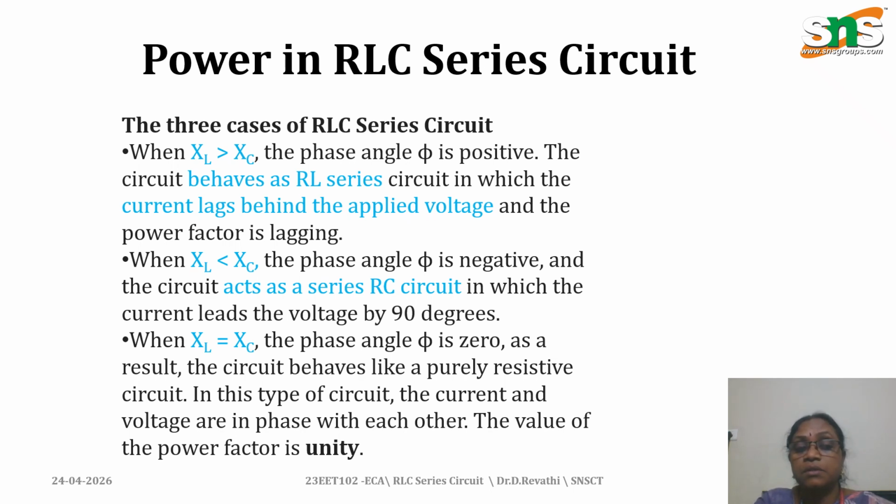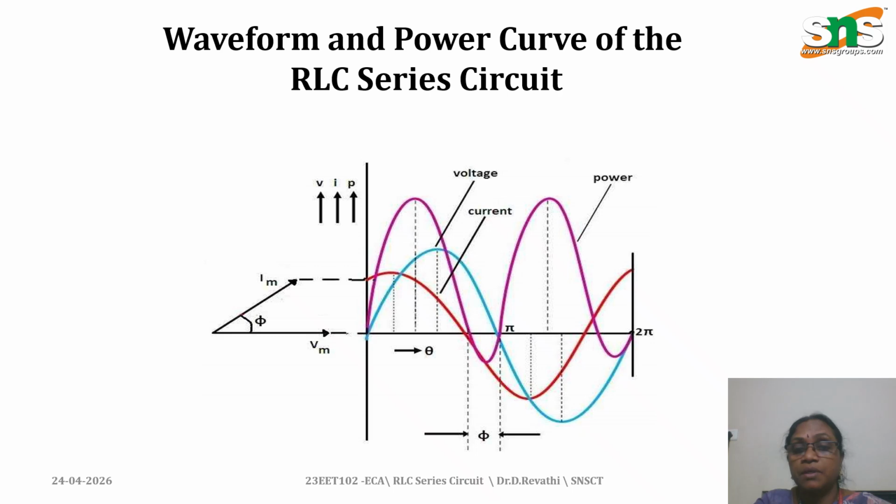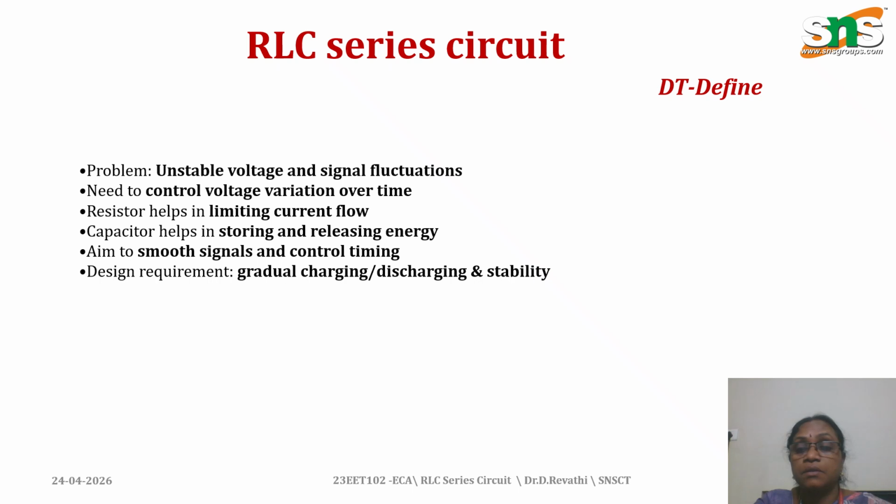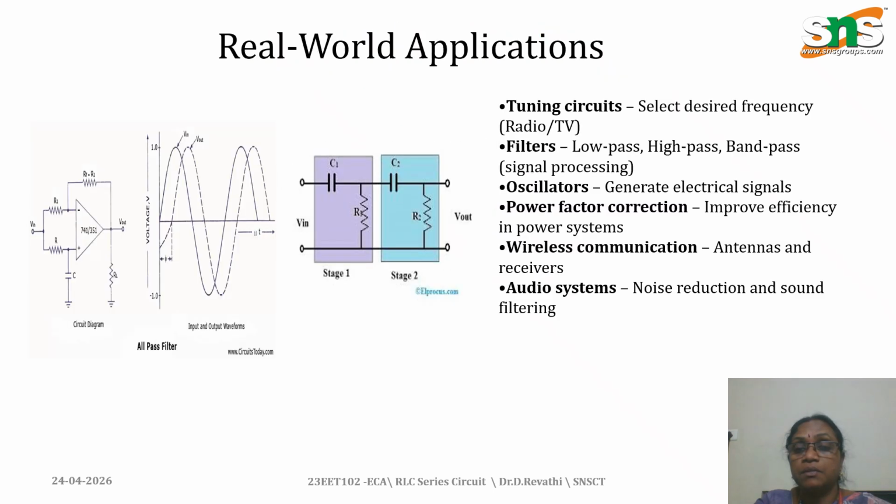When XL is greater than XC, it is an RL series circuit. This is the power curve for R, L, and C.